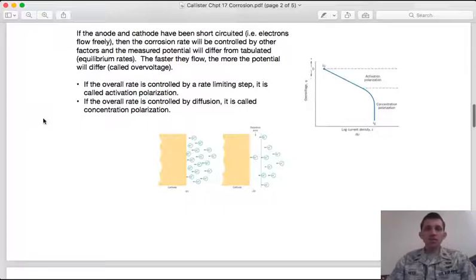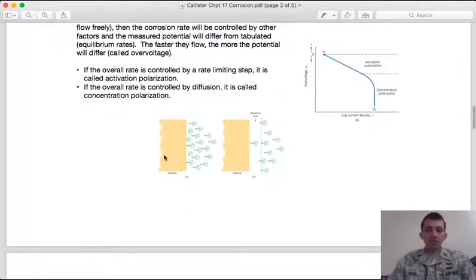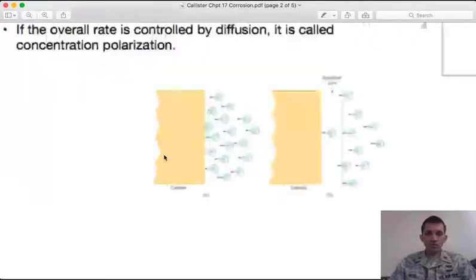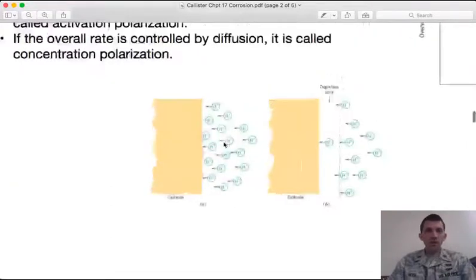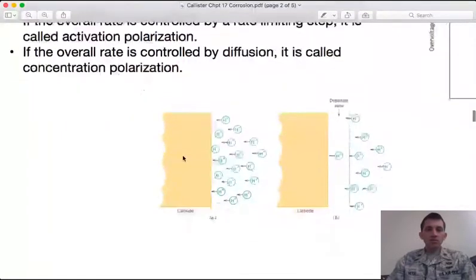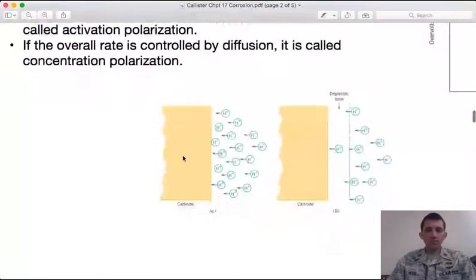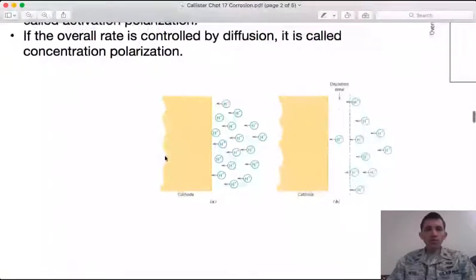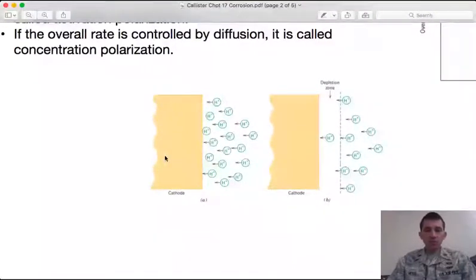This brings into account the mechanism of the corrosion, and what's going to limit it is whatever is the slowest step.